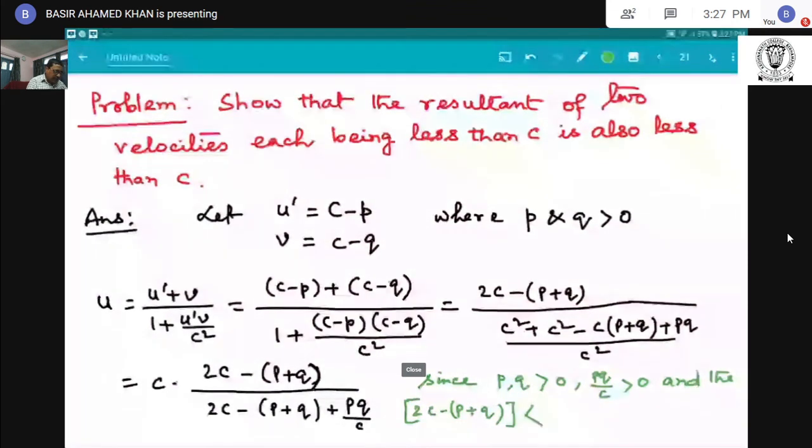That means the denominator, 2c minus p plus q plus pq by c, is greater than the numerator 2c minus p plus q.